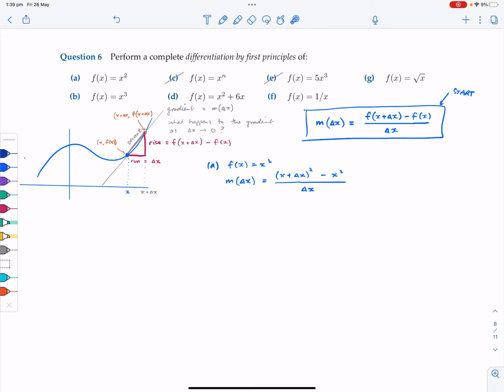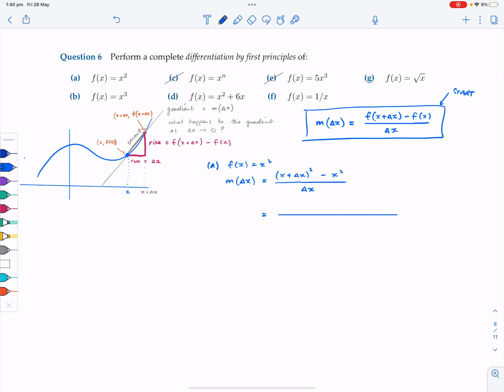Okay, take a moment to understand that. If you substitute f of x equals x squared in here, then f of x plus delta x is x plus delta x squared, right? So that's that minus f of x over delta x. Okay, but now I can actually do some mathematics with this, right?